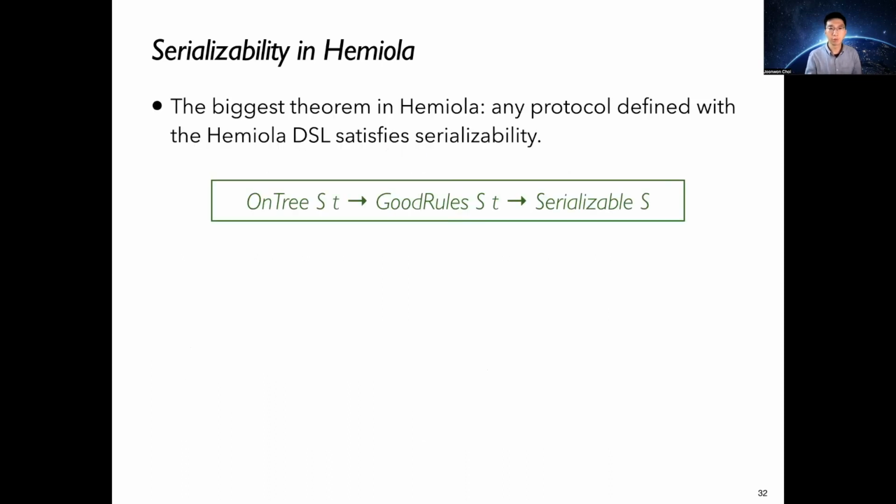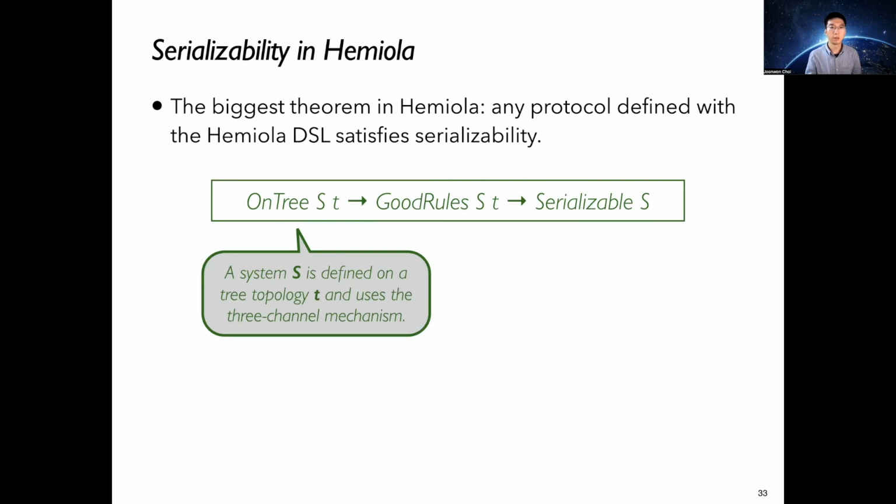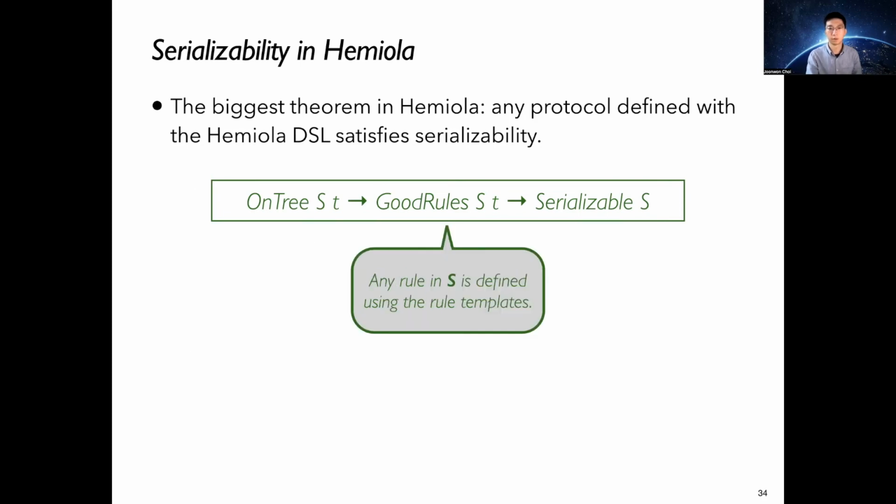The biggest contribution of the Hemiola framework is that any protocol defined in this framework satisfies serializability by construction. Here, the on-tree predicate says that the system S should be defined on a tree topology. Also, good rules says that every rule should be defined by the rule template.